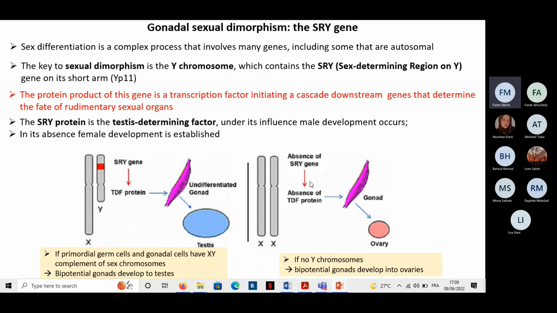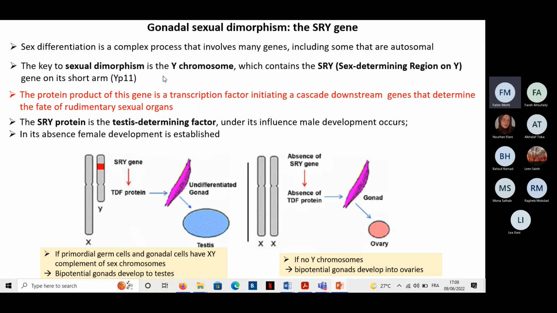However, if you have a Y chromosome, the SRY gene is sufficient to induce the development of the gonads into testis. The absence of this SRY gene will lead to the development of the gonads into ovaries. So this is a key gene that determines the development of the gonads into testis. Its absence will lead to the development of the gonads into ovaries.